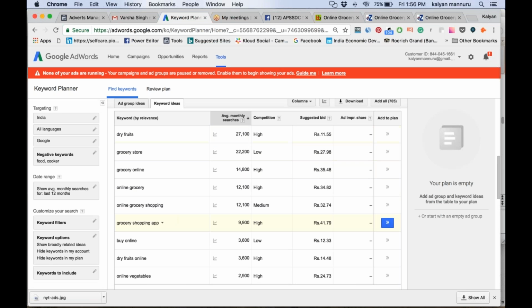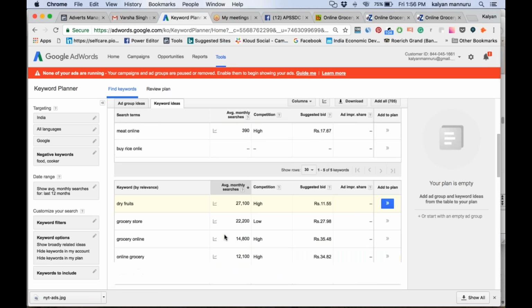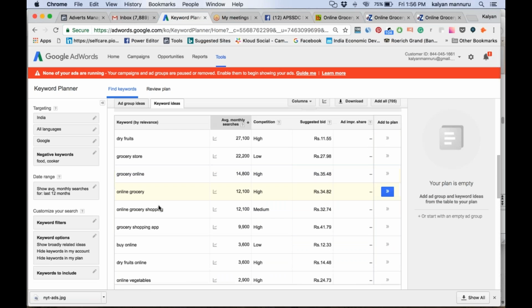To understand this, let us also look at ad groups. You should actually have 705 pages, but there are close relations between a few keywords. I cannot have online grocery as a page and also online grocery shopping as a page. I cannot have two pages for this, because half of the words are present in the other keyword.